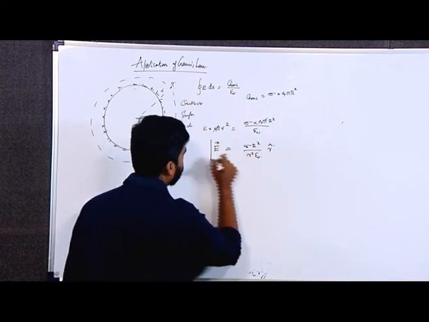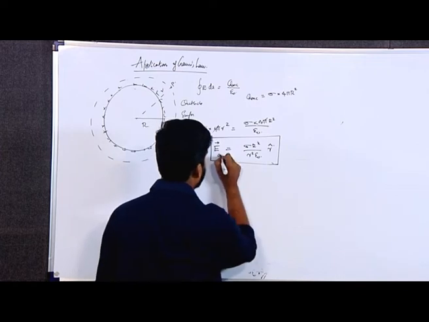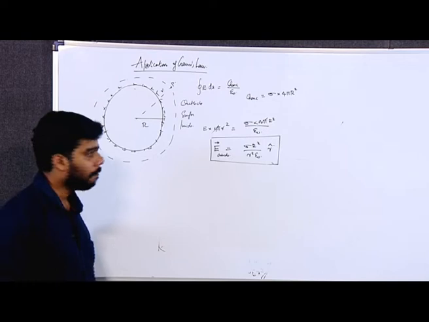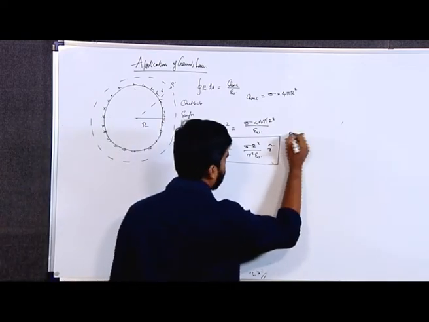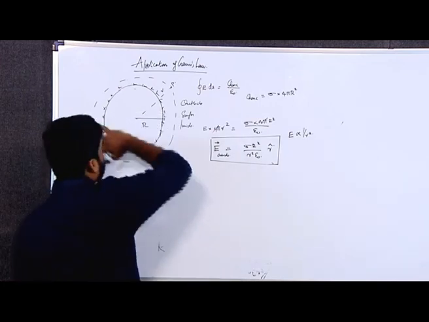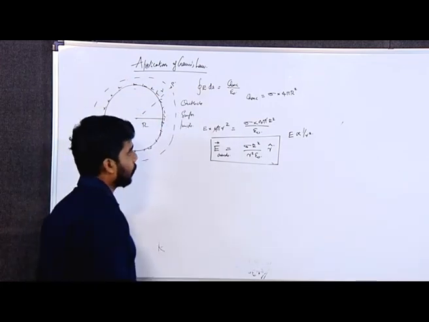This is the electric field produced at a point outside the shell, which is a function of E directly proportional to 1 by R square. This is the total charge enclosed through this Gaussian surface.